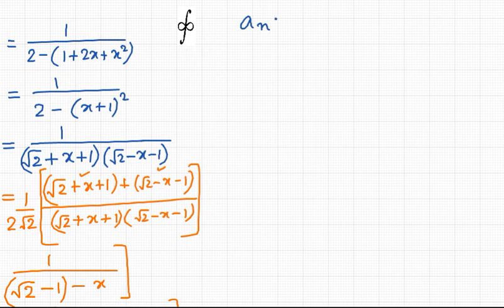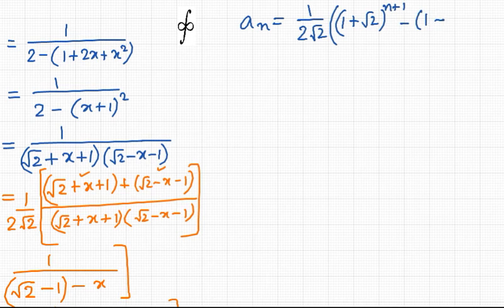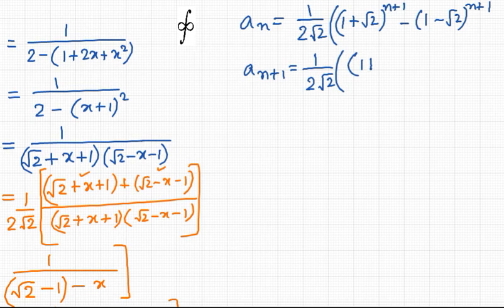We know the structure of an we have just derived, that is 1 by 2 root 2 into [(1 plus root 2) to the power n plus 1 minus (1 minus root 2) to the power n plus 1]. So an plus 1, just replacing n by n plus 1, will come out to be (1 plus root 2) to the power n plus 2 minus (1 minus root 2) to the power n plus 2.